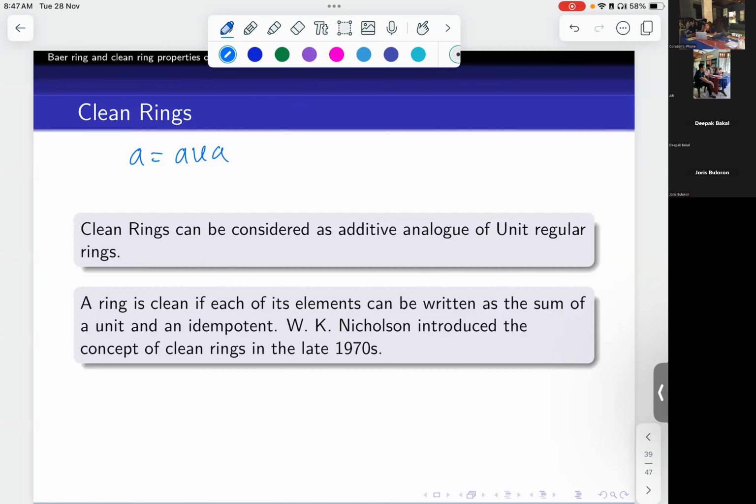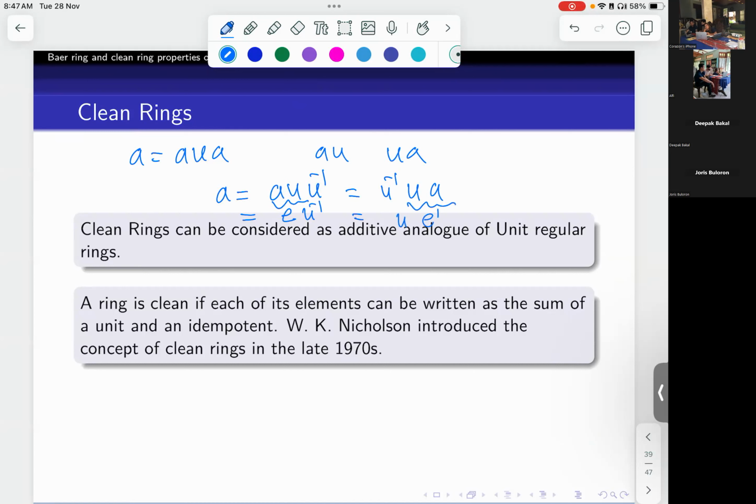Now we have seen that au and ua are both idempotents. So a = e u, where e = au is an idempotent, and also a = u e', where e' = ua is again an idempotent.